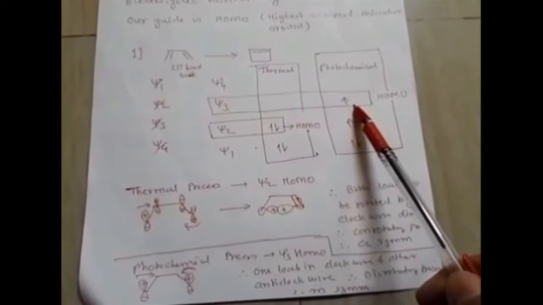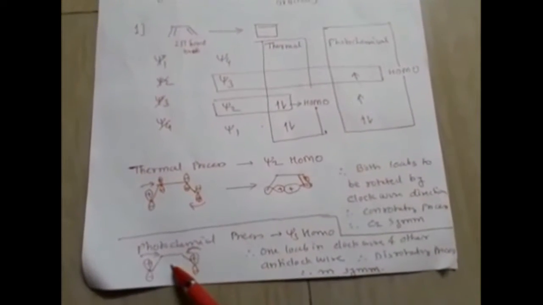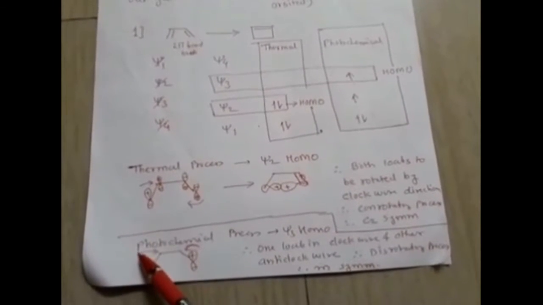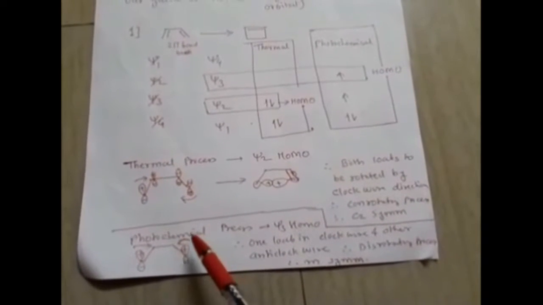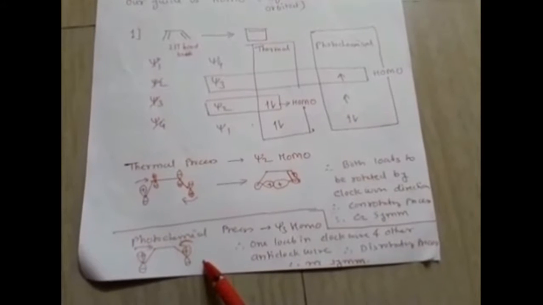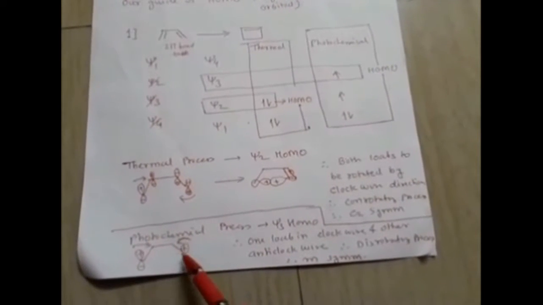In the case of the photochemical process, Psi3 is HOMO, the highest occupied molecular orbital, and its structure is like this. So now to match this positive orbital, one orbital is to be rotated in the clockwise direction, whereas the other one in the anti-clockwise direction. That means this is a disrotatory process.